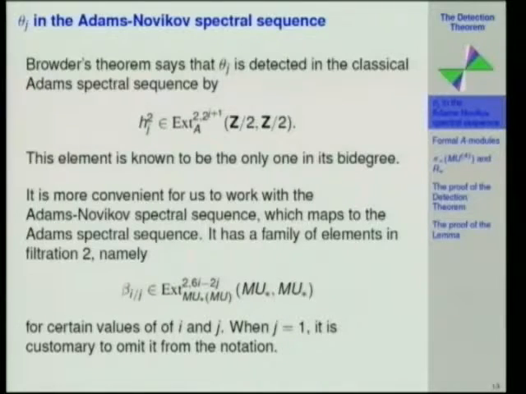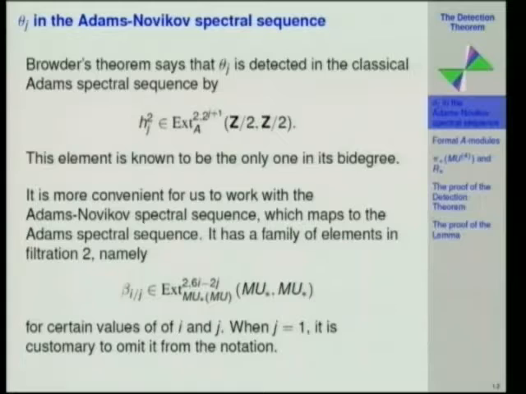I'm following the convention that when one of the indices after the slash is 1, you omit it. That's a notational convention. So I've already omitted one of them, and when j is 1, you also omit it as well.